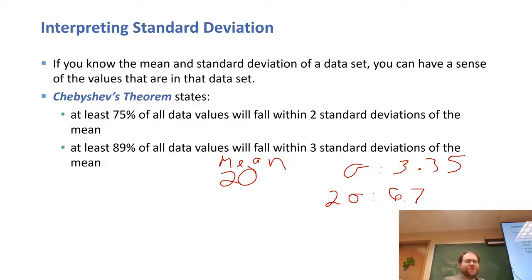So what he's saying here, take your mean, which in this case is 20. If you add 6.7 to it, that's going to be 26.7, right?